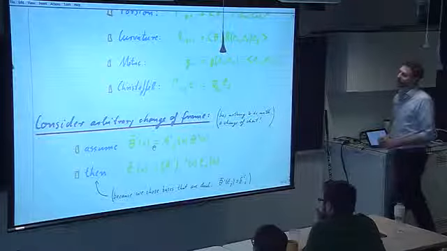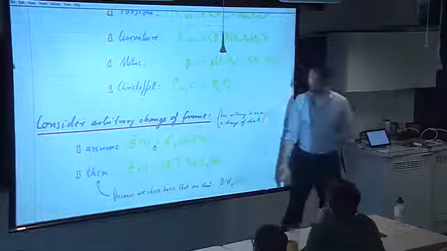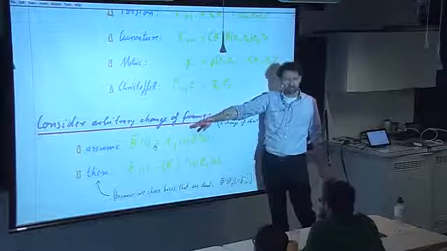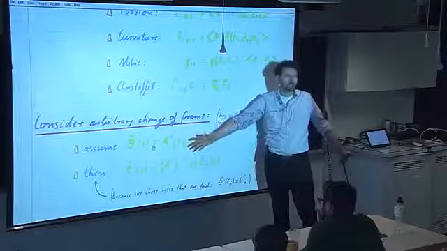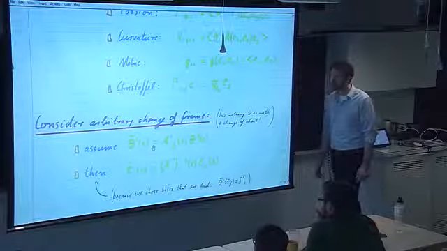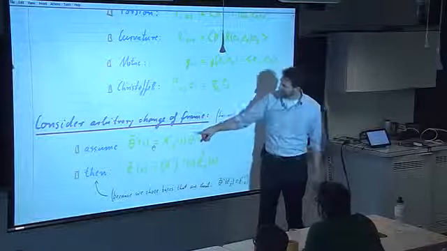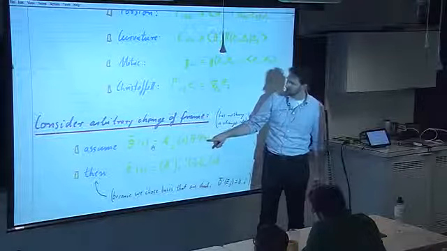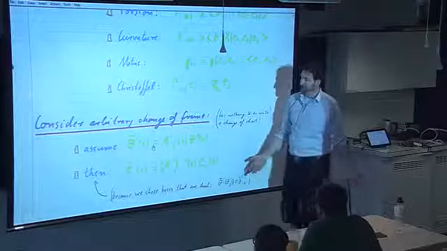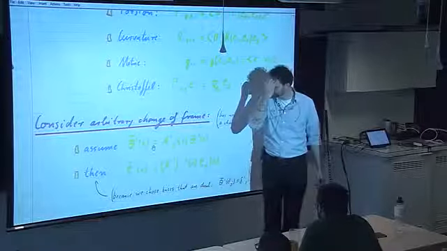So let us now consider an arbitrary change of frame. You can change frame even when not changing coordinates, right? So you keep your chart the same, but you may change your mind about which basis you want to choose in the tangent and cotangent space. So we might have initially worked with this basis. Now we prefer the theta bar basis. And they will be related by some coefficient matrix a_ij of x.